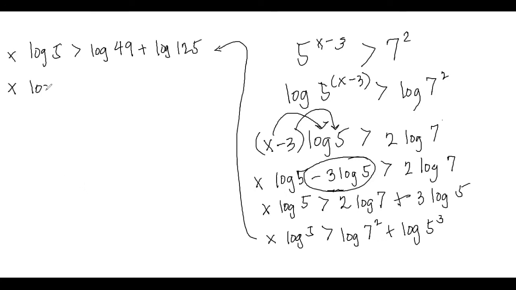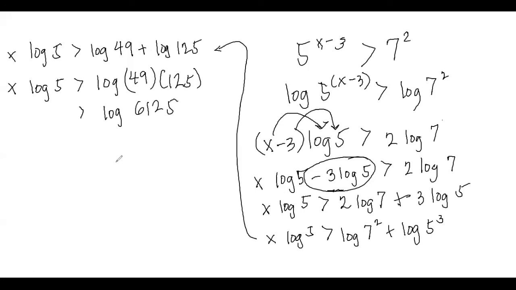Pagsamahin, using product, logarithm of 49 times 125. So times natin, 49 times 125, that would be 6,125. So logarithm of 6,125. So x logarithm of 5.